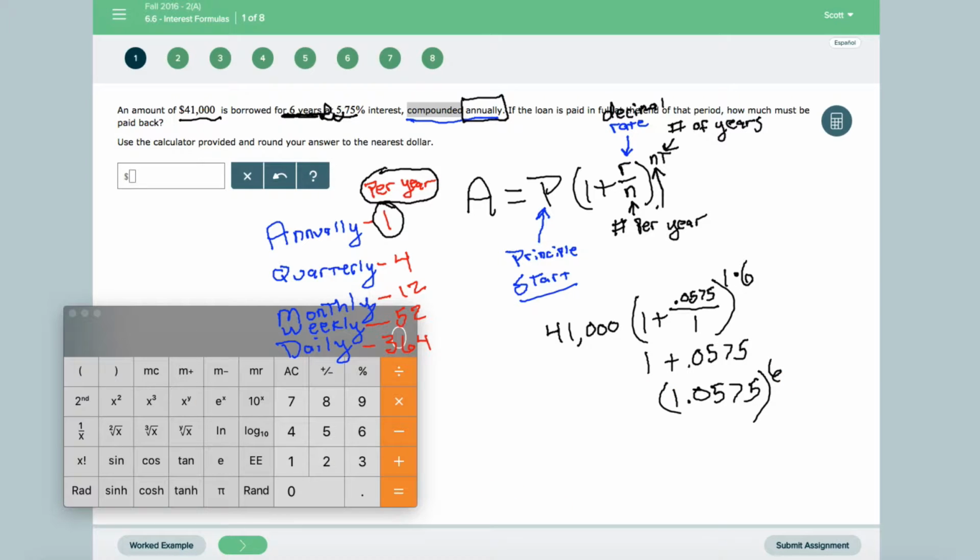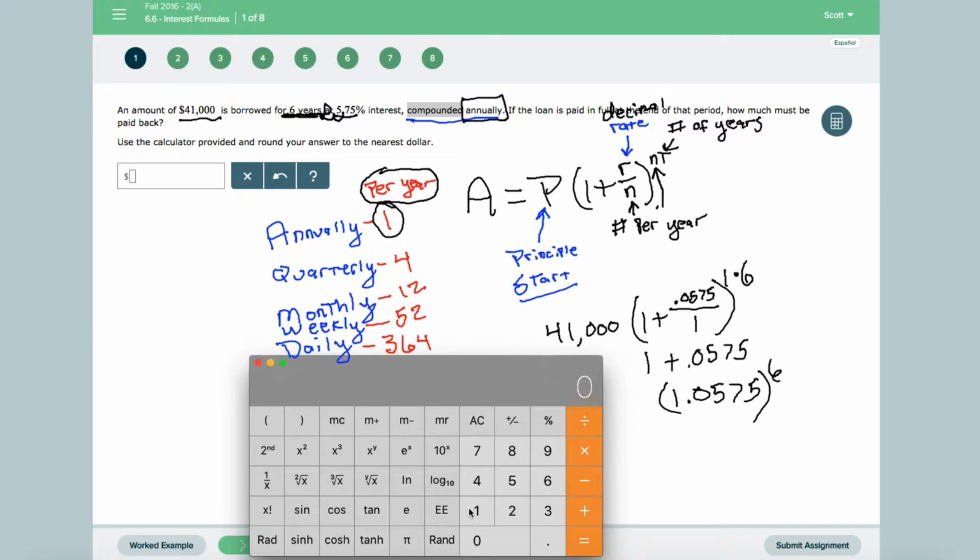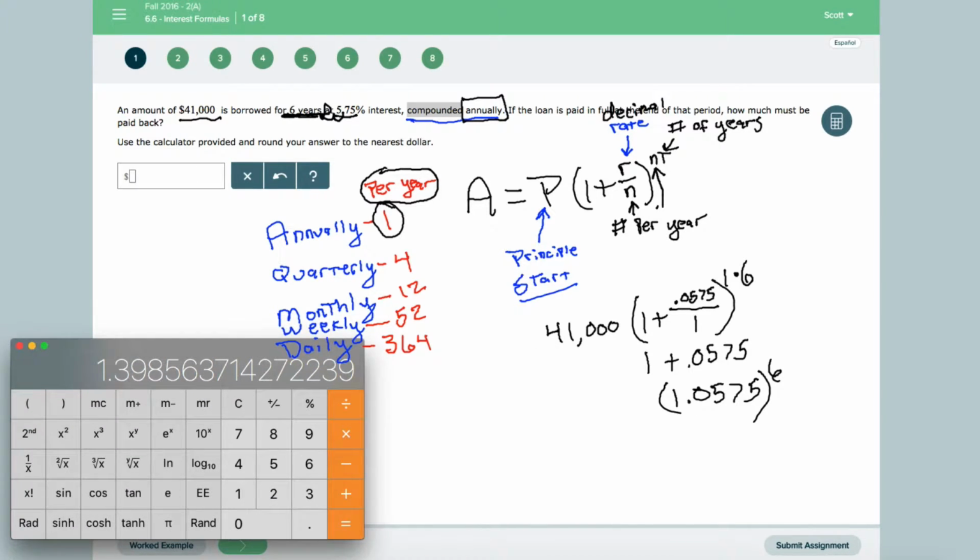So let's go ahead and use the calculator to figure that out. 1.0575 raised to the 6th power. Enter. Okay, and we're going to get a big number here, and that's fine. Interest is always messy.